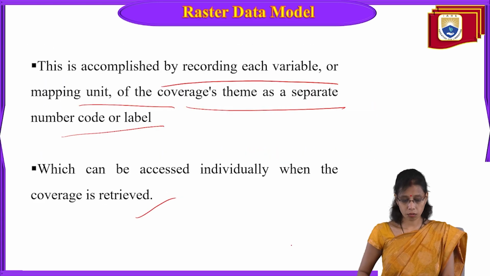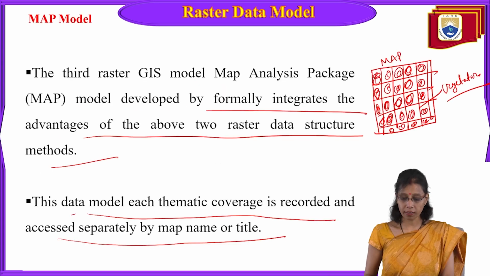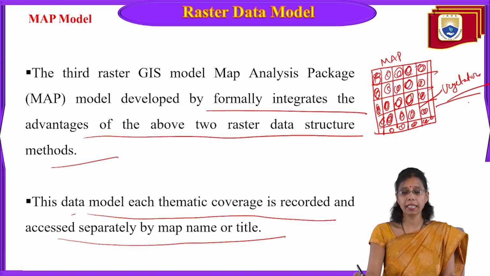So in the map model only a single theme is represented. If you want to show roads, only roads will be represented. If you want to show only forest, only forest will be represented. If you want to show only water bodies, only they will be represented. This is how it is represented in the map model.